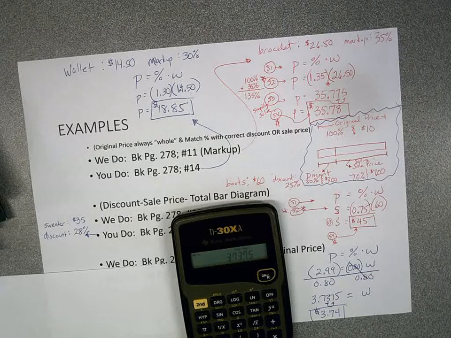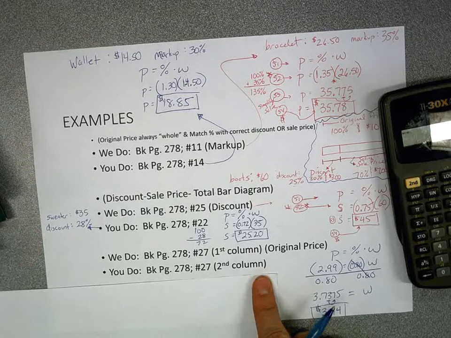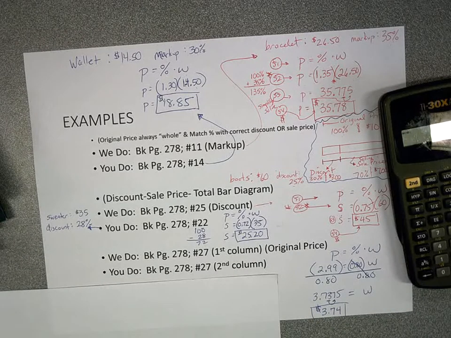All right, try it out. Here we go. Only do the second column over, the markdown price being $4.99. Go ahead and try that out. Go.